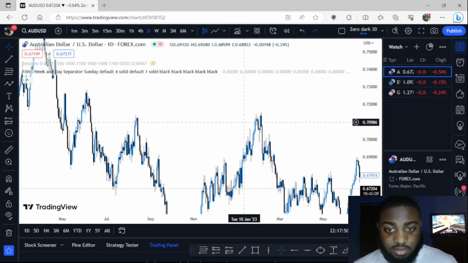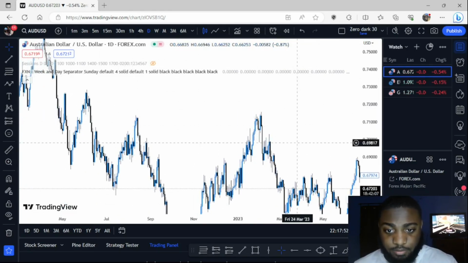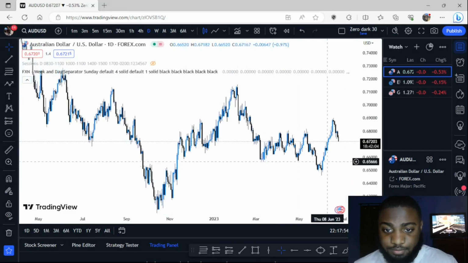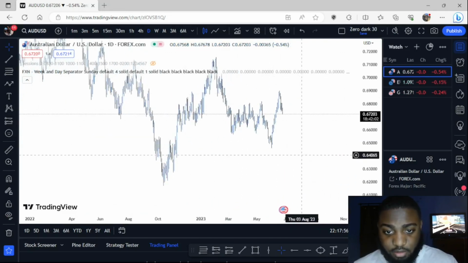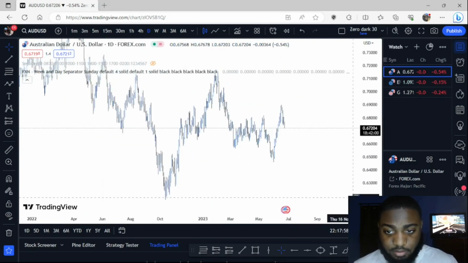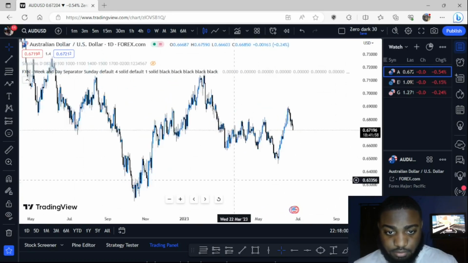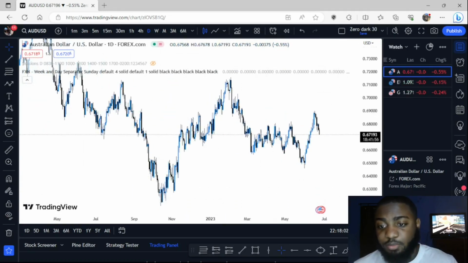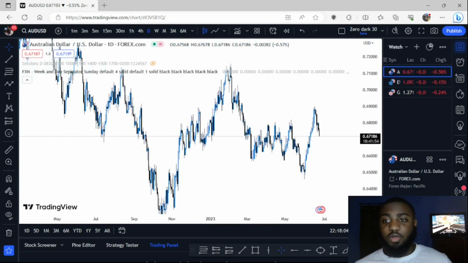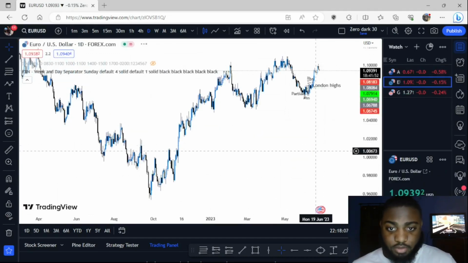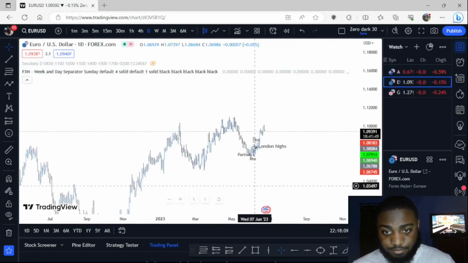A liquidation. This high just got liquidated in order to gain momentum to push price back down. And that's kind of like the premise of how liquidity works. It works on every pair and it happens on every pair every single day.